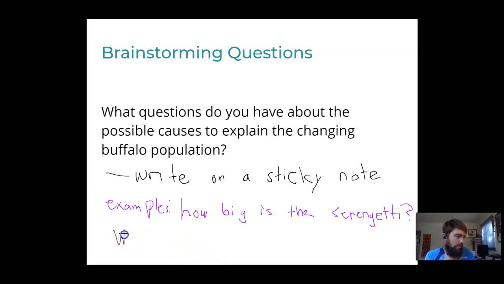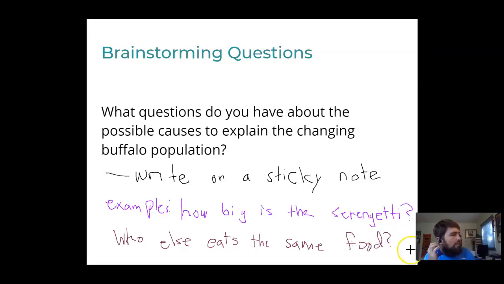Or who else eats the same food? Okay, so there's about 1 million questions you could ask. So write them on the notes and be ready to put them on the board in class. And stay tuned for the next video on the Serengeti, where we'll continue your student activity sheets.